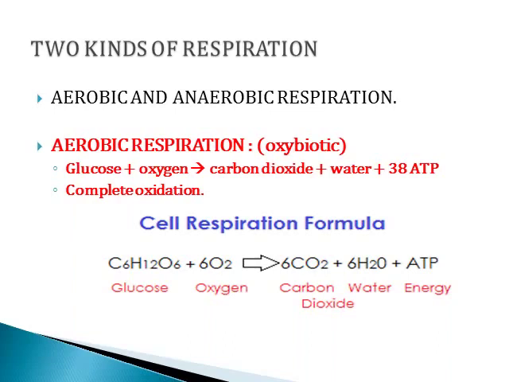The glucose molecule combines with oxygen, which releases carbon dioxide plus water and the energy in the form of ATP molecules. Since it is a complete oxidation, 38 ATP molecules are released. I have given the chemical formula for that here.